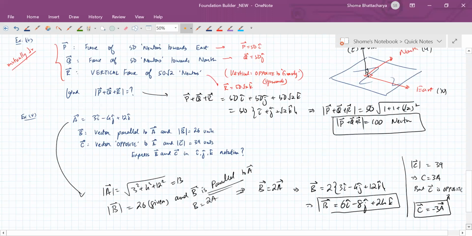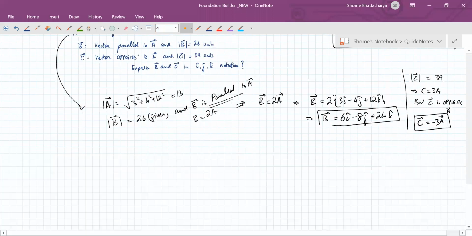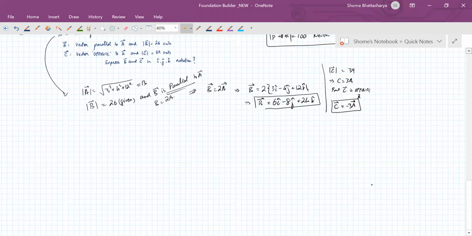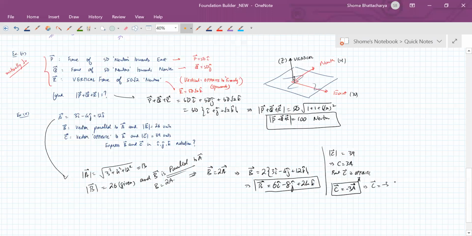So when you work that out next, you can see that C should have a negative x component of 9, a positive y component of 12, and again a negative z component of 36.